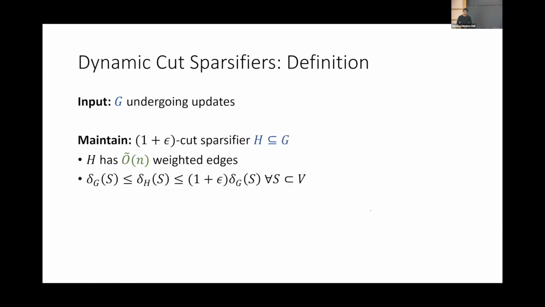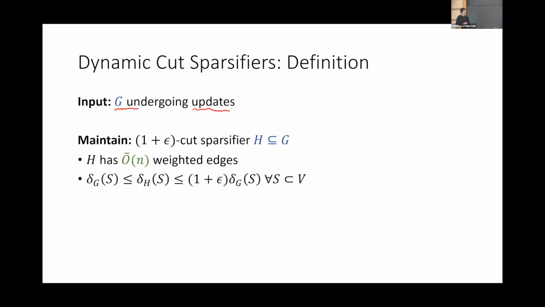Okay, now I want to use this dynamic expander decomposition to get a dynamic algorithm for cut sparsifier. So what do we do? The setting again is that let's say you have an arbitrary graph now, not an expander, and this graph undergoes updates as well.